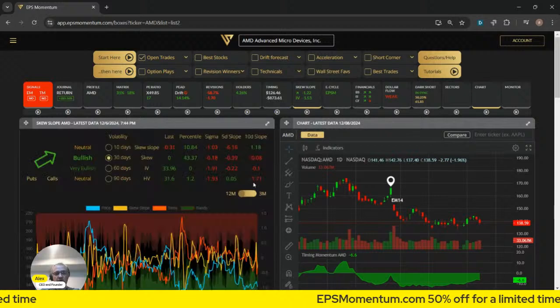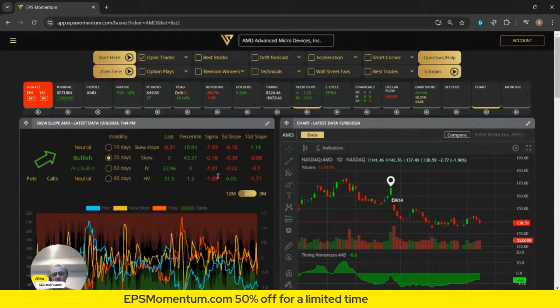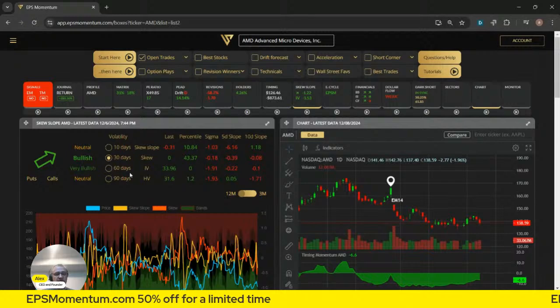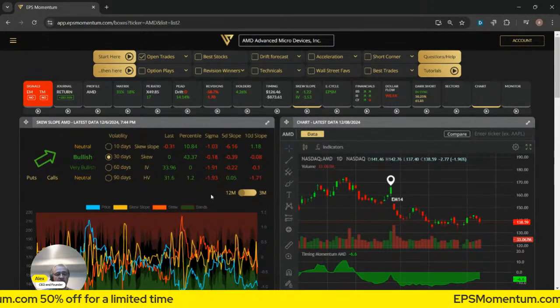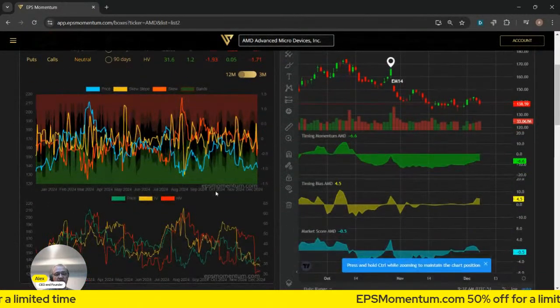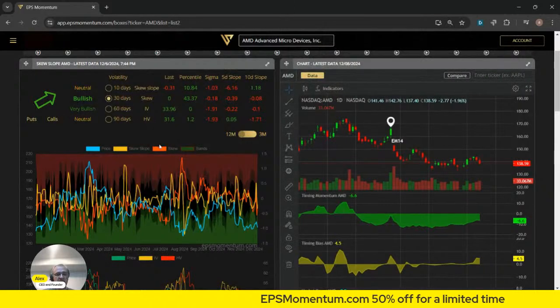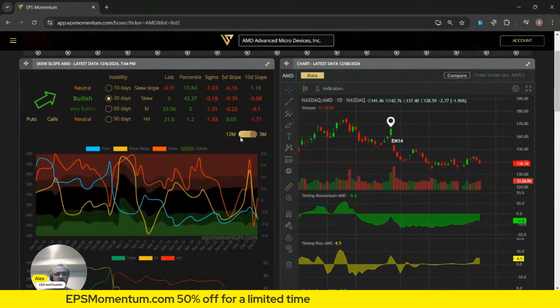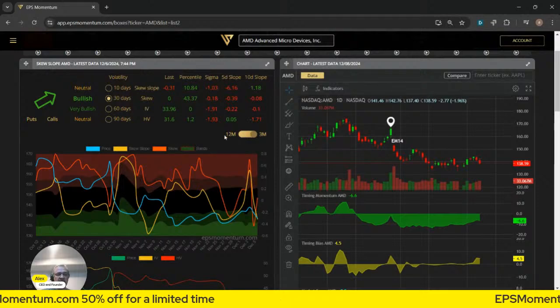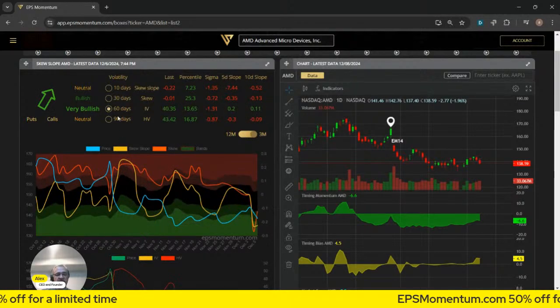Now we can look into options as well. So what we have is the skew slope, which gives you the feel for what's happening in the option market, right? This chart is a little bit messy. You can filter to 3 months if you want, and you can look at 60 days to have a little bit less volatility here.